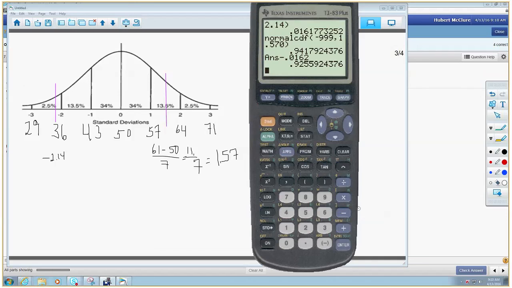Second bars. I don't understand what it's doing. It's going negative 2.14 to 1.57, 50 and 7.